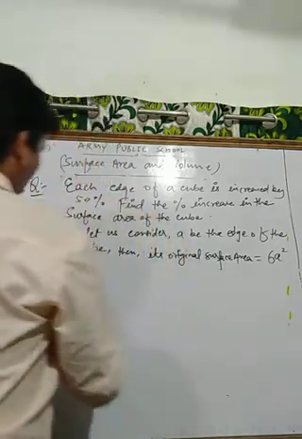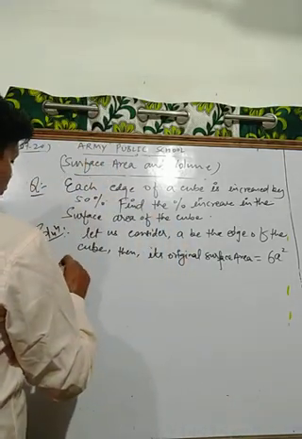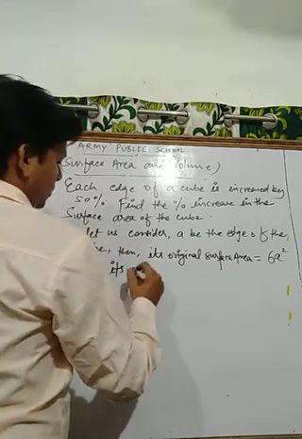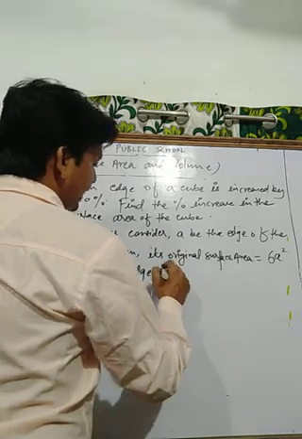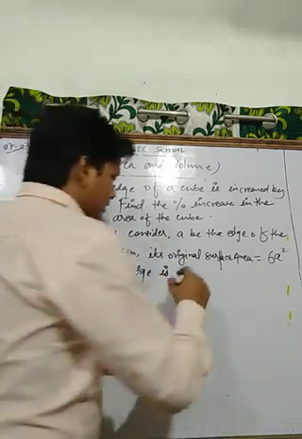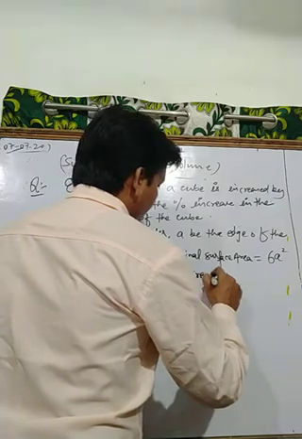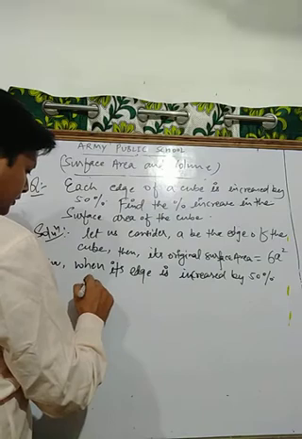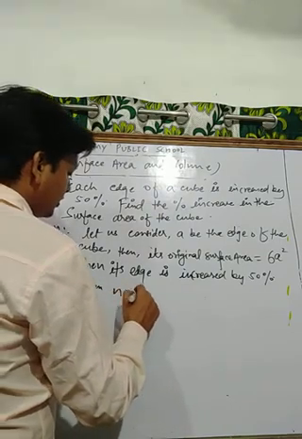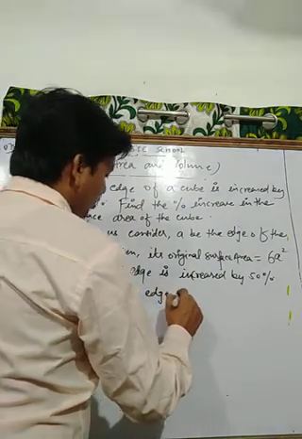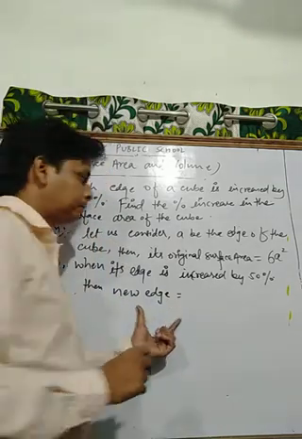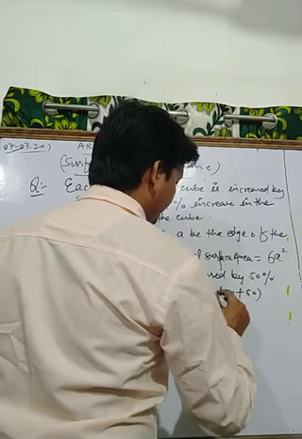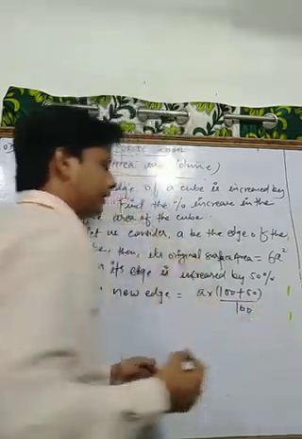Now when its edge is increased by 50 percent, then the new edge will be A into (100 plus 50) upon 100.